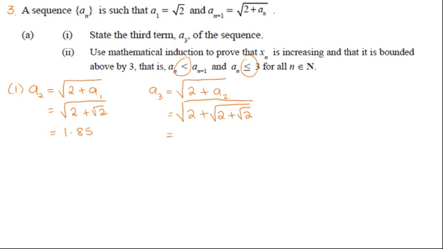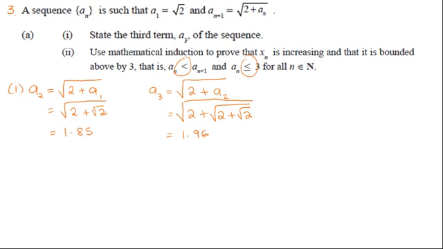And again, we can plug it into our calculators and get the decimal value, which is, according to my calculator, 1.96. All right, so that takes care of part one.